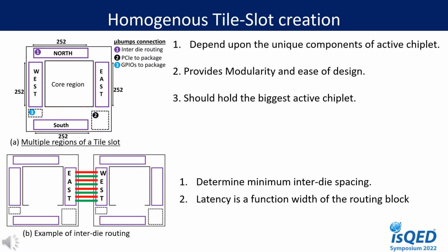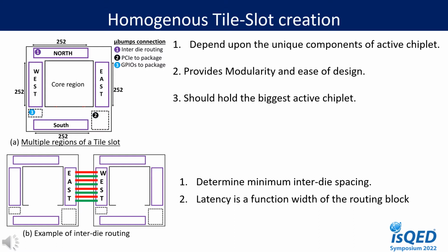Therefore, this will have micro bumps responsible for TX and RX receivers, power, and so on. The second region is for special IPs like PCIes, where multiple I/O hookups directly from the active die, wherever the PCIe is present, will communicate with the package directly.